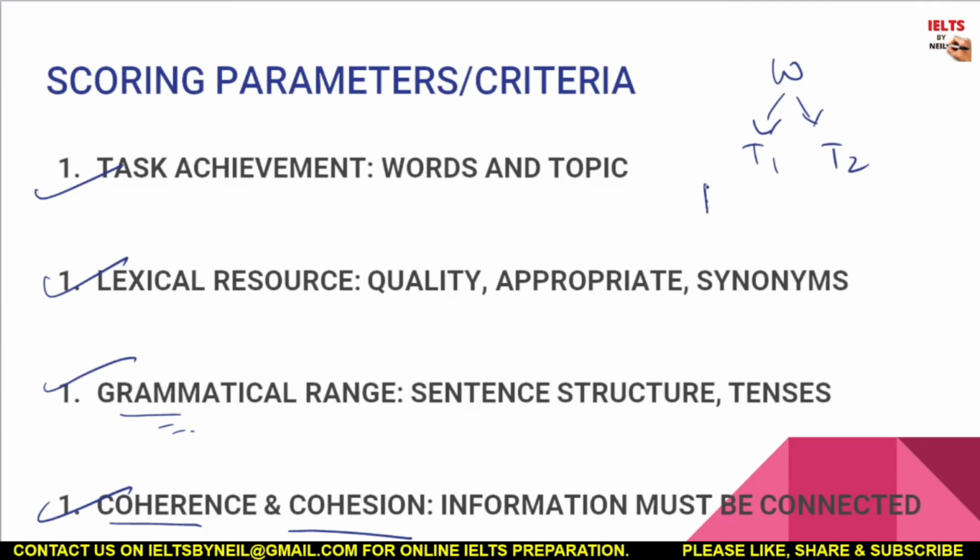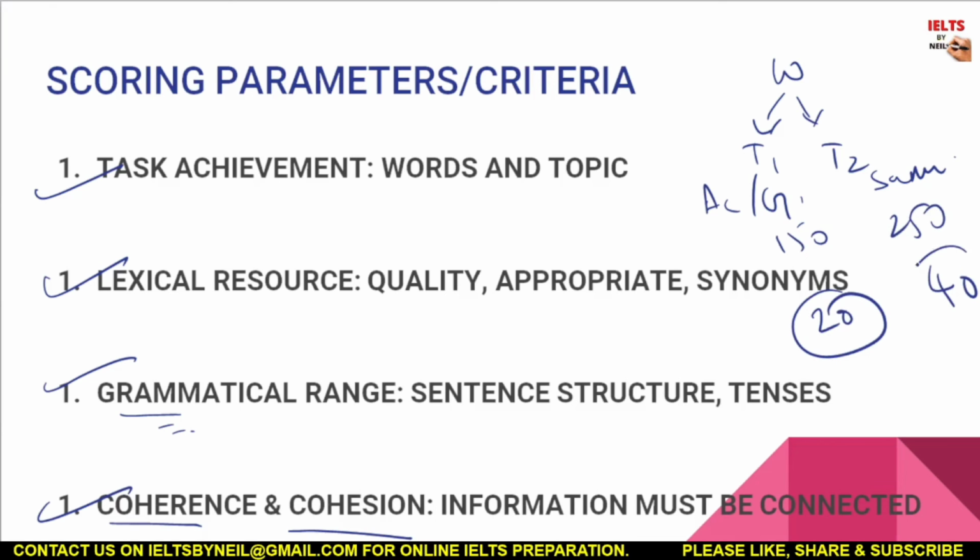Task 1 is different for academic and general training. Task 2 is the same for academic and general training. In Task 1, 150 words; Task 2, 250 words. The recommended time for Task 1 is 20 minutes and for Task 2 is 40 minutes. So these are the things that you have to remember while doing the writing task.